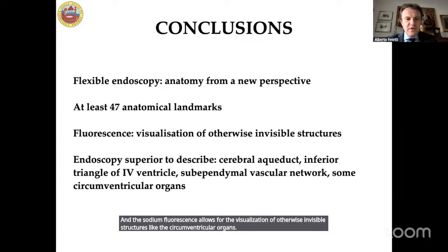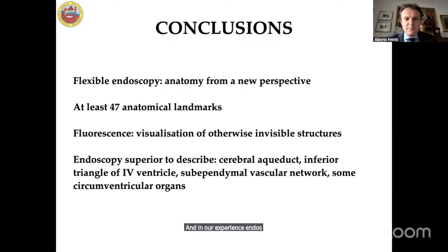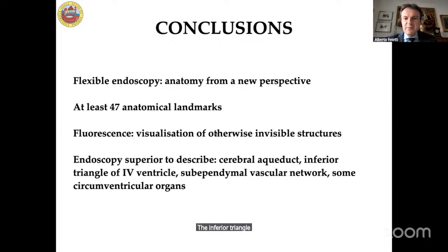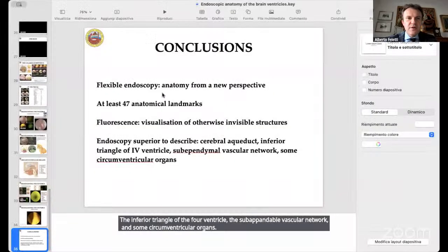And in our experience, endoscopy has proven to be superior to microsurgery to describe some specific areas like the cerebral aqueduct anatomy, the inferior triangle of the fourth ventricle, the subependymal vascular network, and some circumventricular organs. Thank you very much.